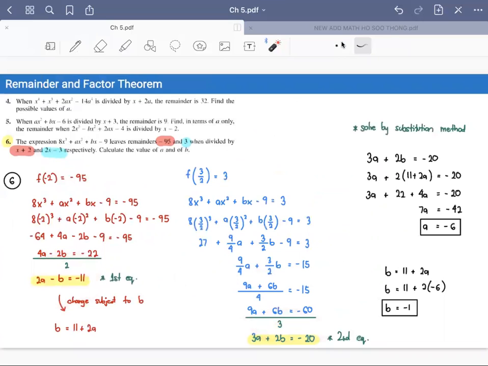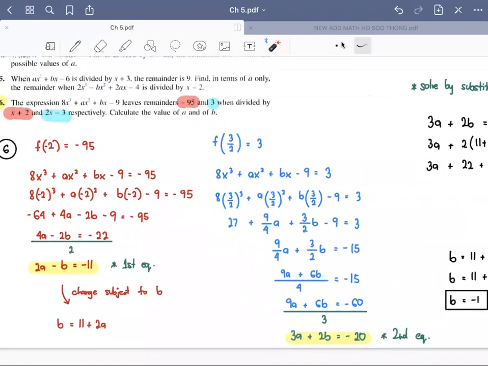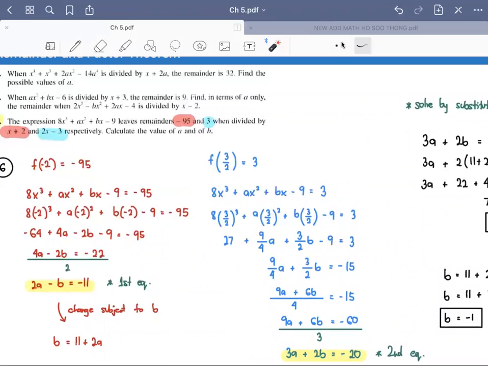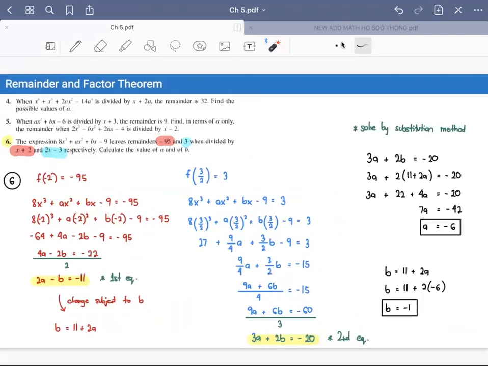So what did I do next? Now, basically, this is solvable by simultaneous equations, right? So what I did here is just solve them by substitution method, okay? So this is my second step, or the second part, because I need to find the values of a and b.